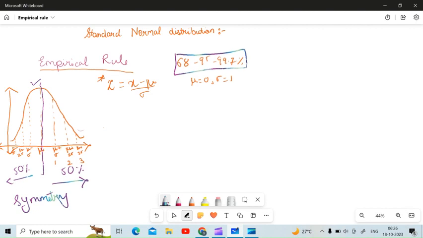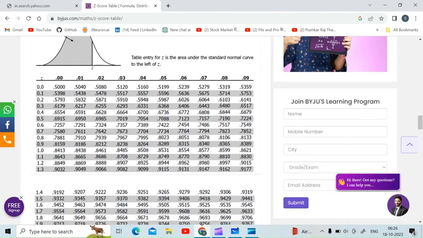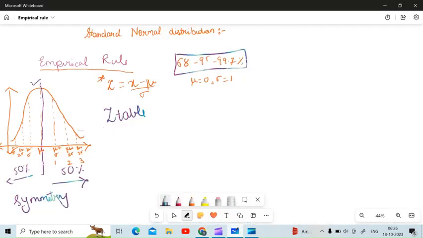All this we calculate by using the Z table. I have already gone through the Z table in my previous video. You may also get this type of Z table. So what does the Z table tell us? When we find the score using the Z table, what does the percentage mean? This Z table doesn't find the probability.